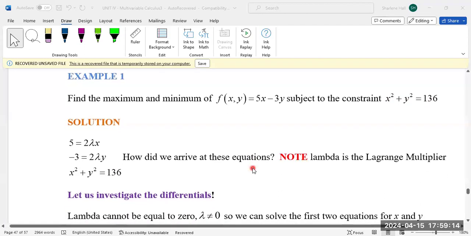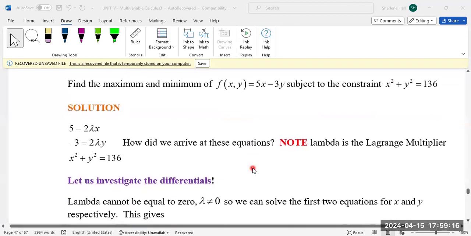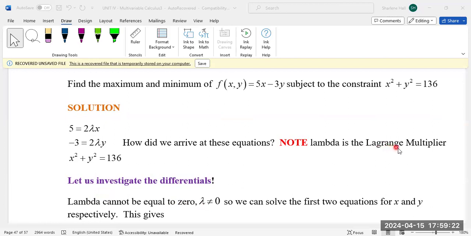So we're going to investigate the differentials now. Remember, lambda cannot be equal to 0. Why, sir? If we are using lambda as a Lagrange multiplier, it can't equal 0, because if it equals 0, that means the question is done from the start. Right? So it can't be equal to 0.